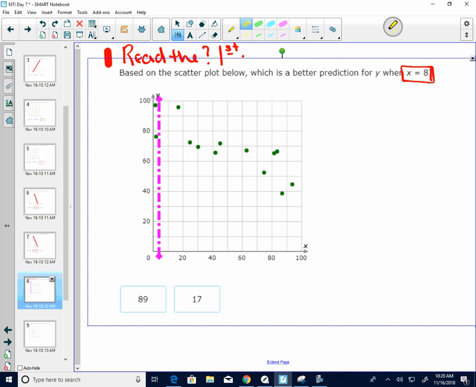Well, 17 would be down here on the y-axis, and there's no point anywhere close to when x is 8, whereas up here, 89 would be about here. Well, there's a point right here and right here. So if we had to guess, 89 would be the better guess, that if x was 8, we would end up with a point when y is 89.